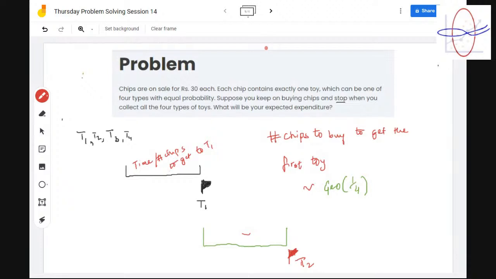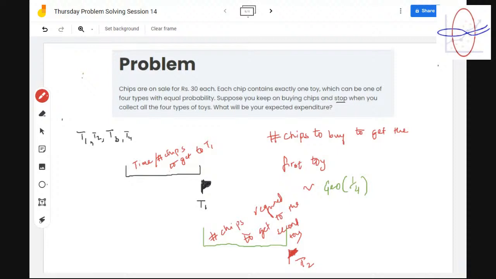So understand the number of steps, the number of chips required to get to the second toy, is what? Tell me. Now you will know this is a geometric property you were using. The probability of getting that will be what?